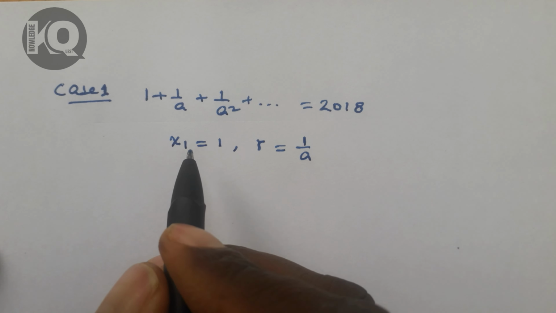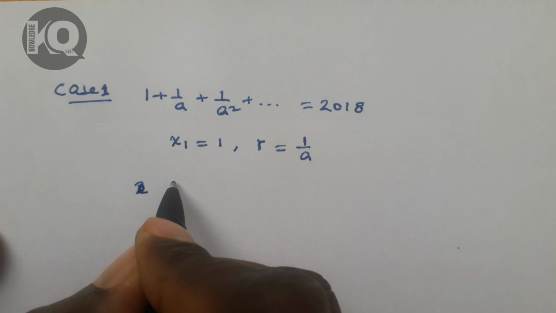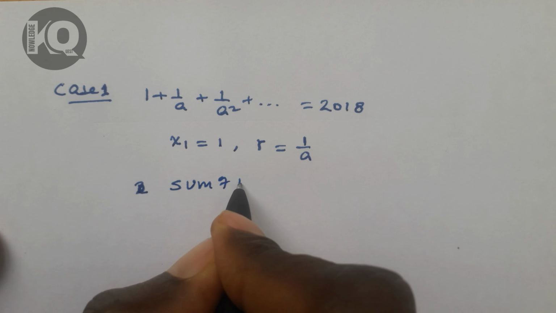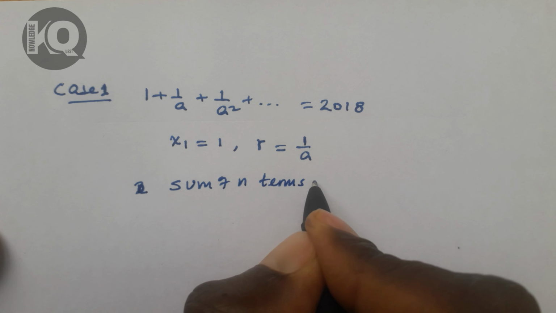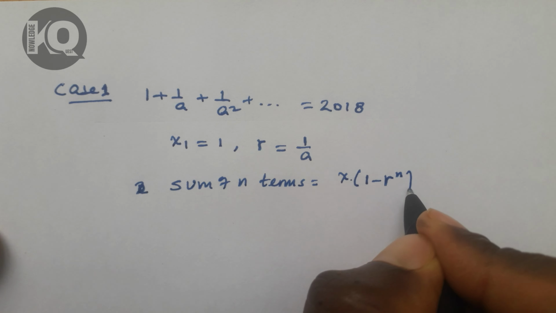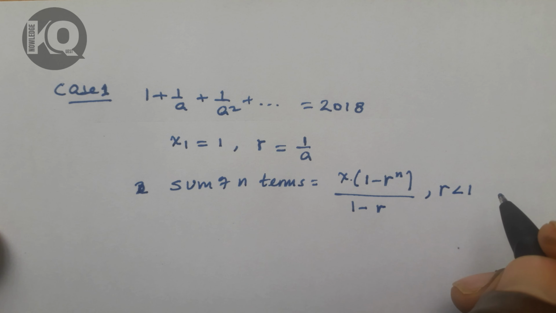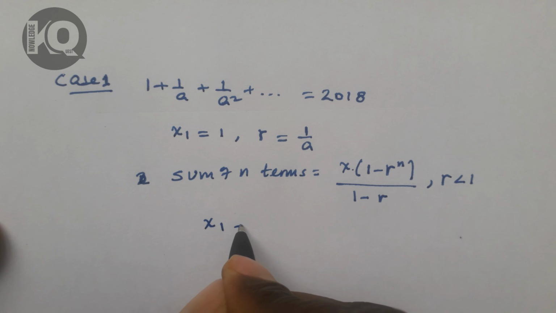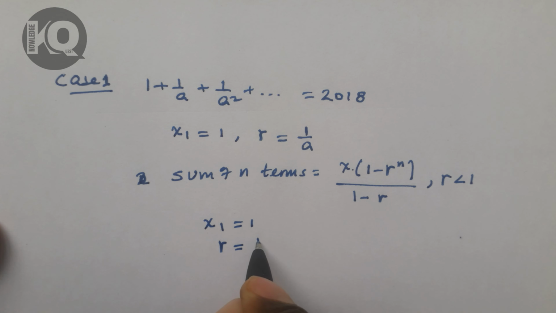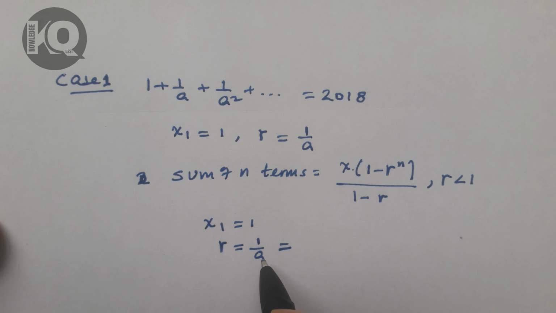By using the sum of a geometric sequence, the sum of n terms is equal to x1 into 1 minus r to the power of n divided by 1 minus r, where r is less than 1. We know that x1 is 1 and r is 1 over a, which means when a increases, this term is always less than 1. So we can use this formula.